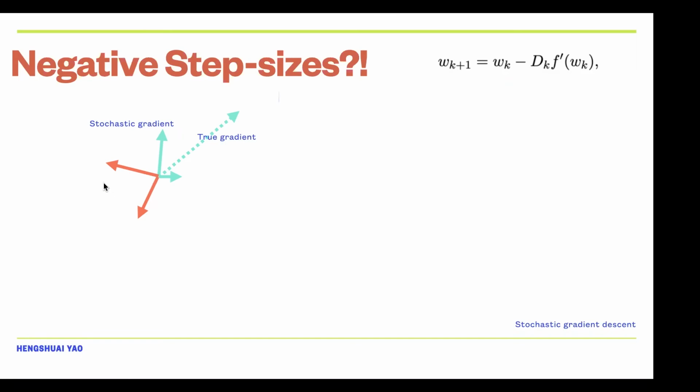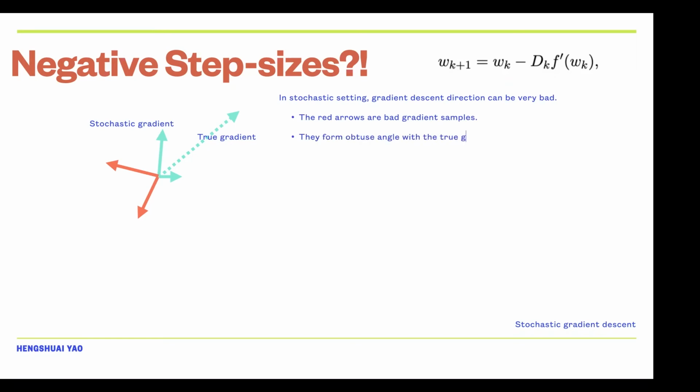Instead, we should use a negative step size when this obtuse gradient happens. When this forms an obtuse angle with the true gradient, we should actually use negative step size, which will perform gradient descent for the true gradient.